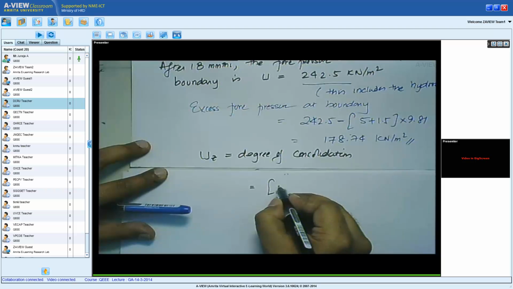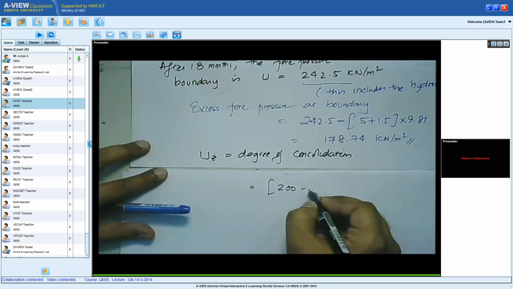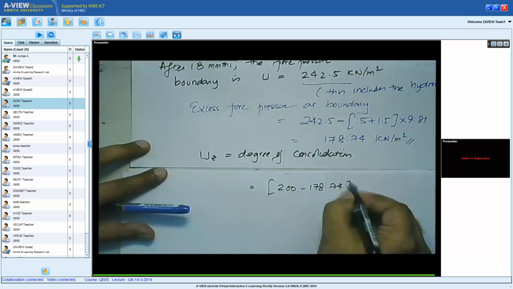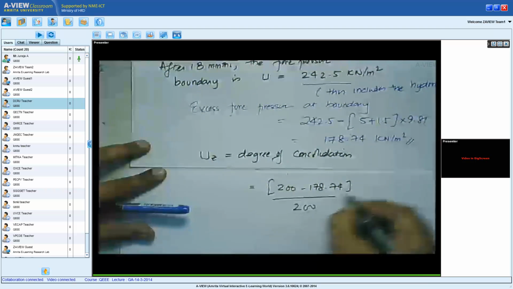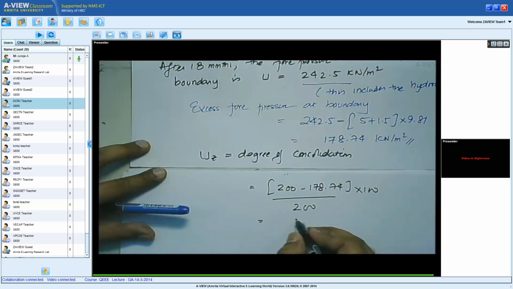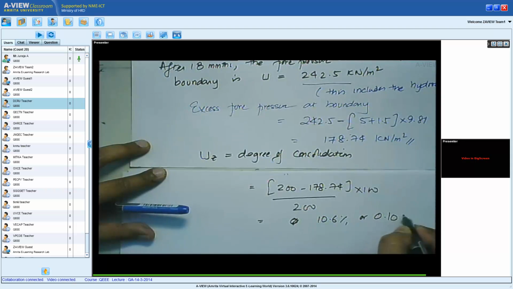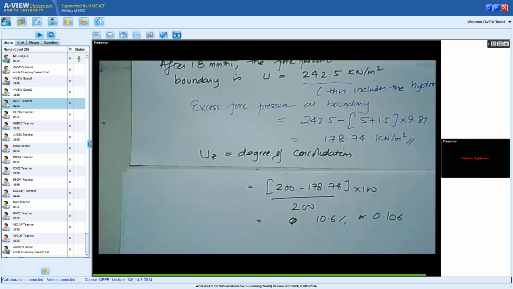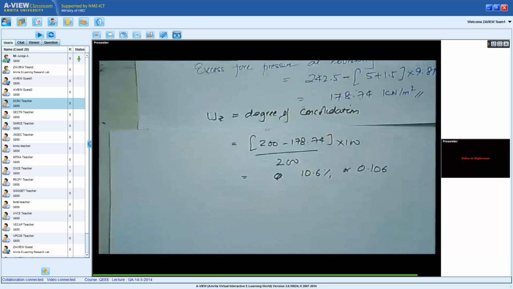Over would be 200 was there to begin with, minus 178.74 which remains, and if I divide this by 200 times 100 it gives me percent. The degree of consolidation which is over should be 10.6%, or if I just let it be in ratio, it's 0.106. So I know my degree of consolidation is 0.106.